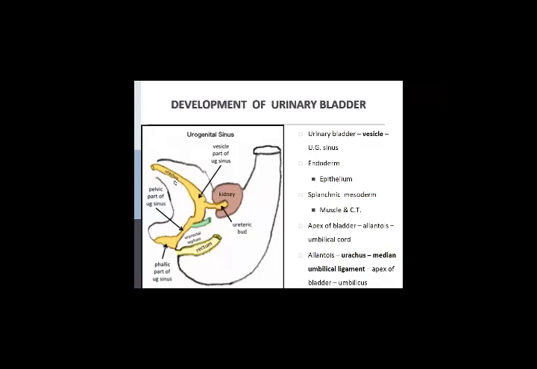This is the urachus, and in adults, in postnatal life, this urachus is replaced by a fibrous cord which is called the median umbilical ligament that extends from the apex of the urinary bladder to the umbilicus.